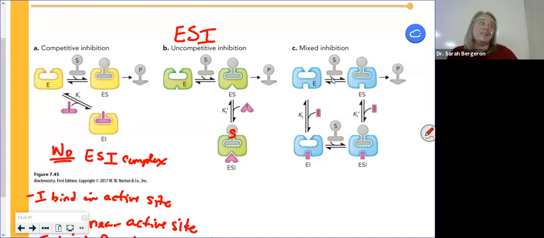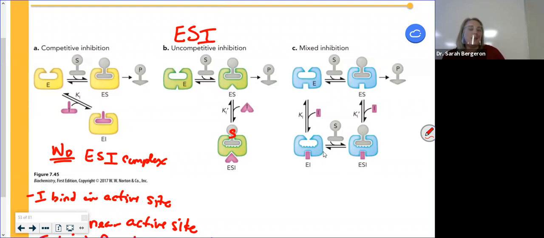Okay, mixed inhibition gets a little more complicated. In mixed inhibition, you can have your inhibitor bind to the enzyme alone, which deactivates the enzyme, or the inhibitor can bind to the enzyme substrate complex and make an enzyme substrate inhibitor complex, and therefore it's inactive.